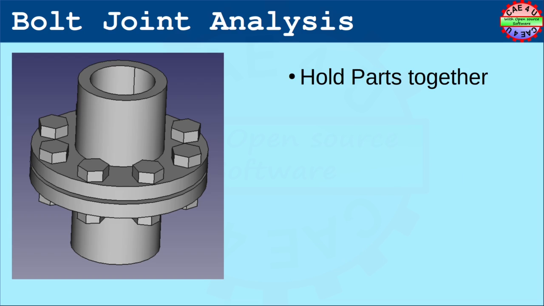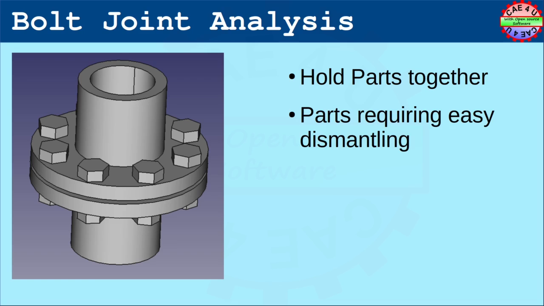To start with, as a basic functionality, we expect the bolt joint to hold two or more parts together, and thereby they act as an integral part. This is very much required when you expect that the parts need to be dismantled occasionally, and you may need to replace or repair any of the other sub parts.